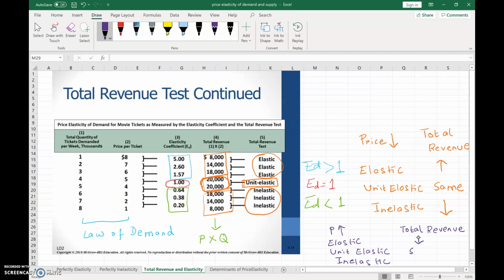Unit elastic demand, no matter if price goes up or down, nothing happens to the total revenue number. In inelastic demand, price goes up, total revenue goes up. Price and total revenue move in the same direction if the demand curve is inelastic. So this is all about the total revenue test and the demand curve.